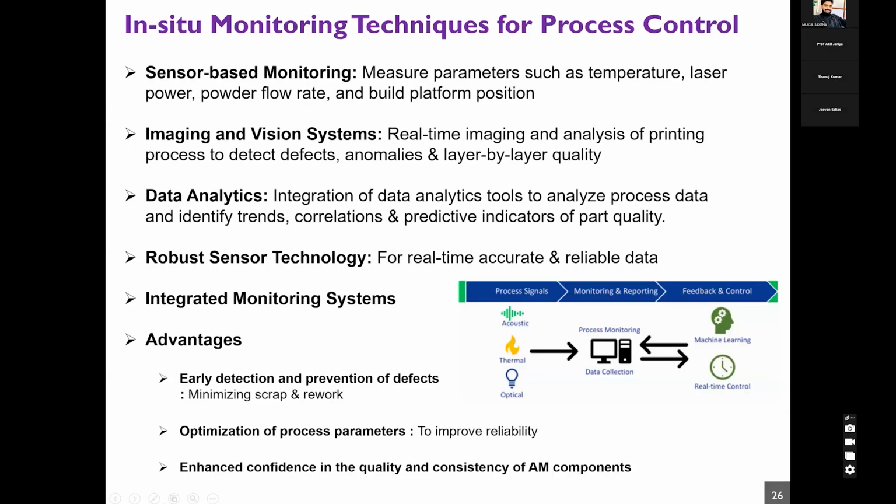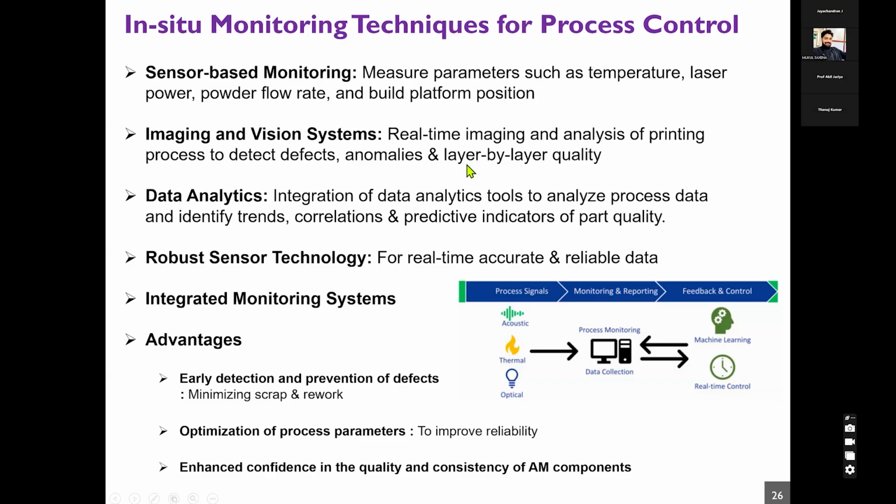We also use various in situ monitoring techniques for process control. We can look at sensor-based monitoring, wherein we are monitoring the temperature, laser power, and the scan speed, and we can use imaging and vision-based systems for real-time imaging and analysis of the printing process to detect defects in real time.